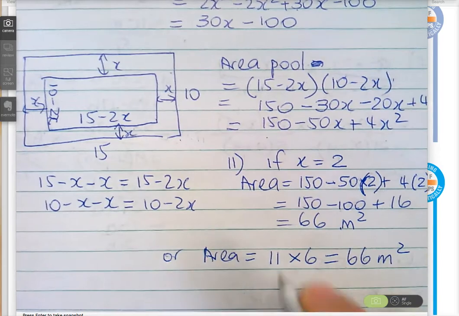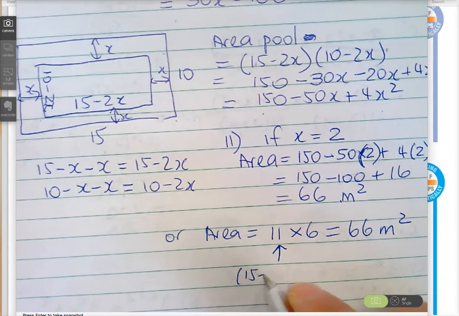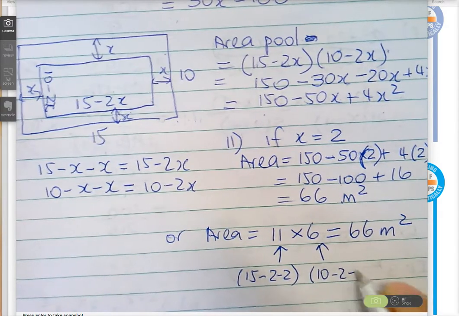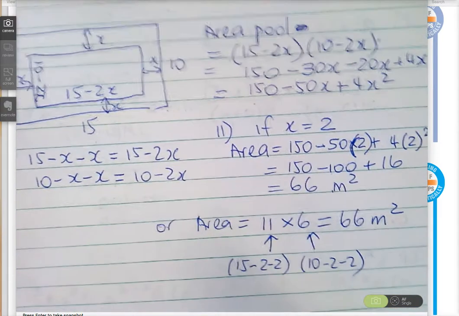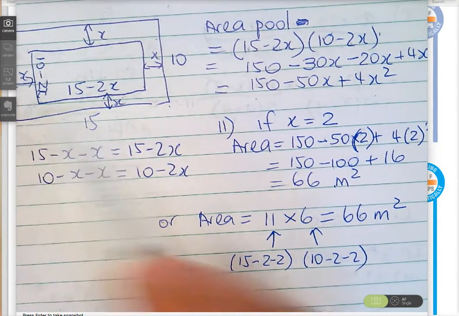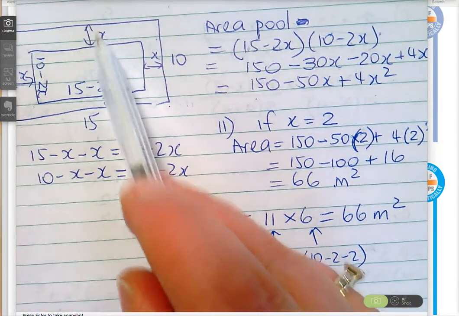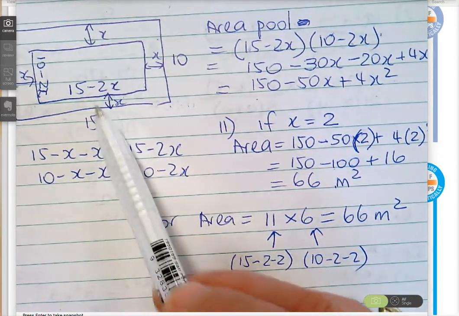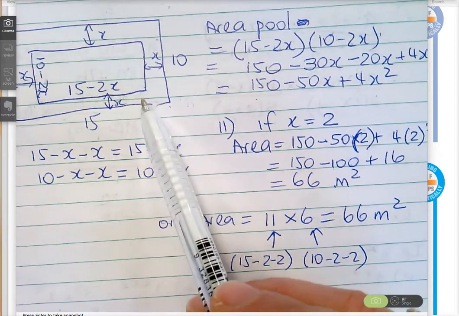Do you see that? If you go back into the dimensions and substitute, do you get the idea? Or even in here if you substitute. If x is 2, that's 10, that would be 6.